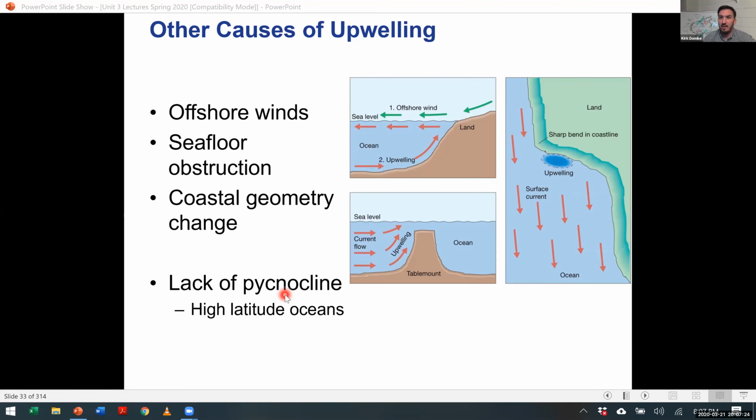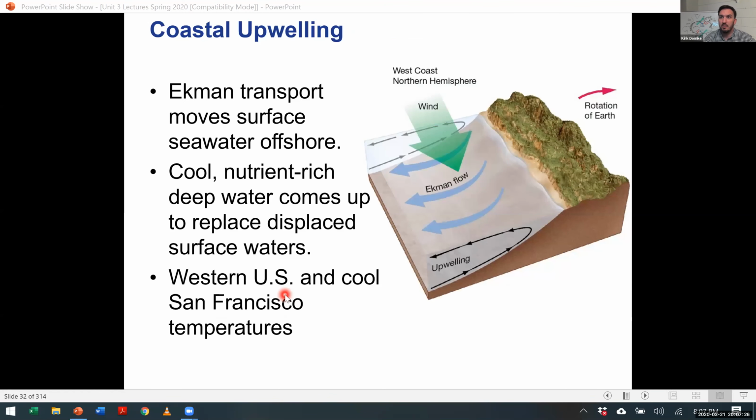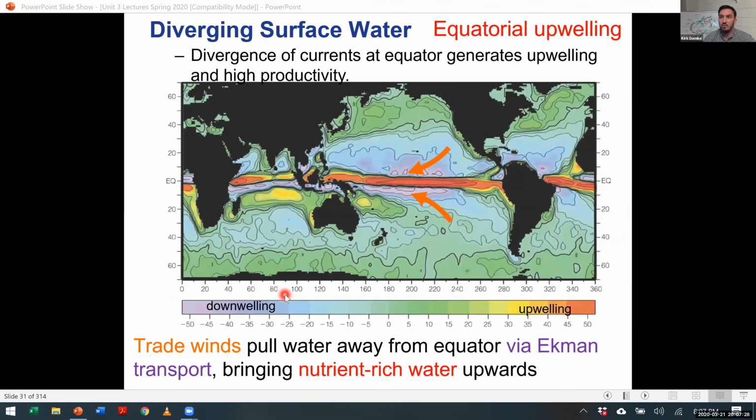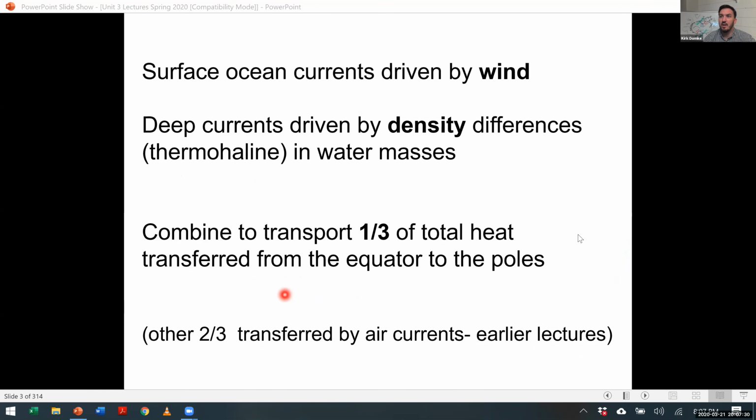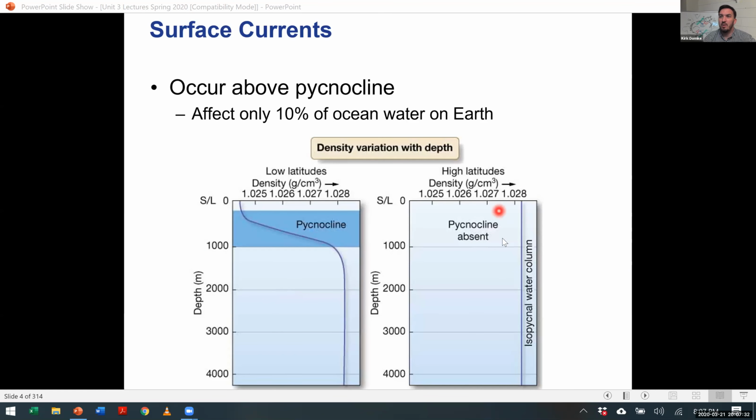So I'm going to go back a million slides real quick. Hang with me here. Boom, right there. When there is no pycnocline, in other words, when we're in the high latitudes, off the coast of, say, the Arctic Ocean or the Antarctic Ocean, those waters are ridiculously cold. They're so cold up at the surface that they're just as cold down below.